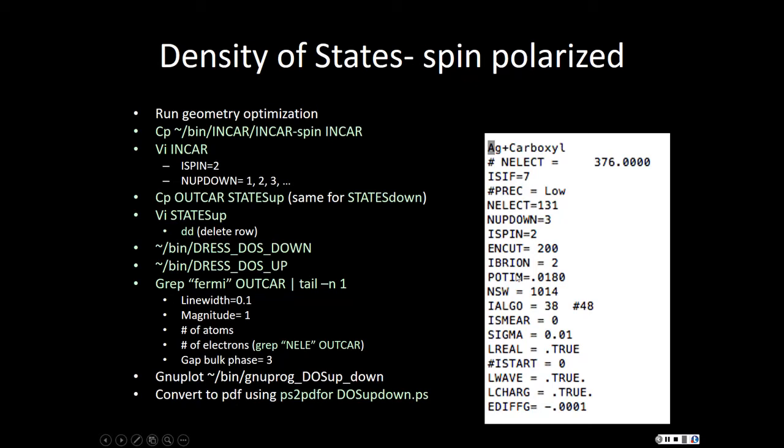What is density of states? Can you give a definition before you go into technical details? Yes, density of states is the occurrence of the energy levels at different intervals. Is that good?